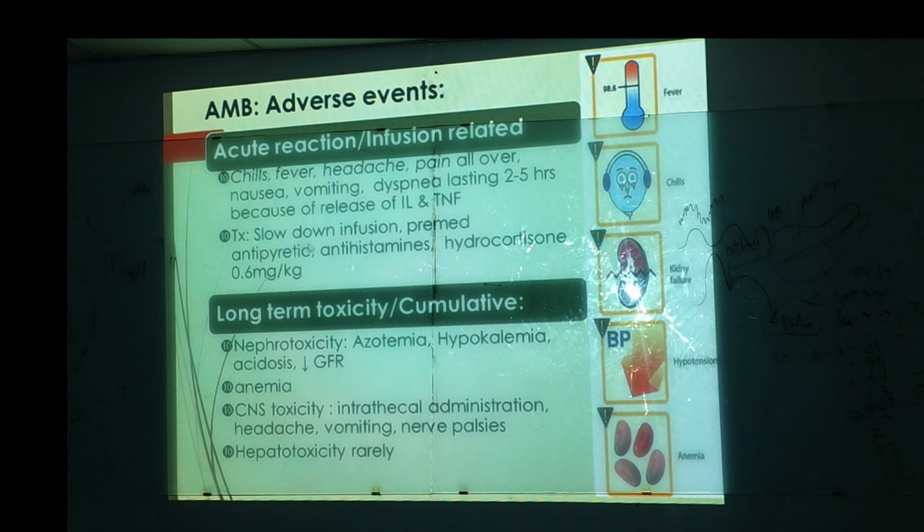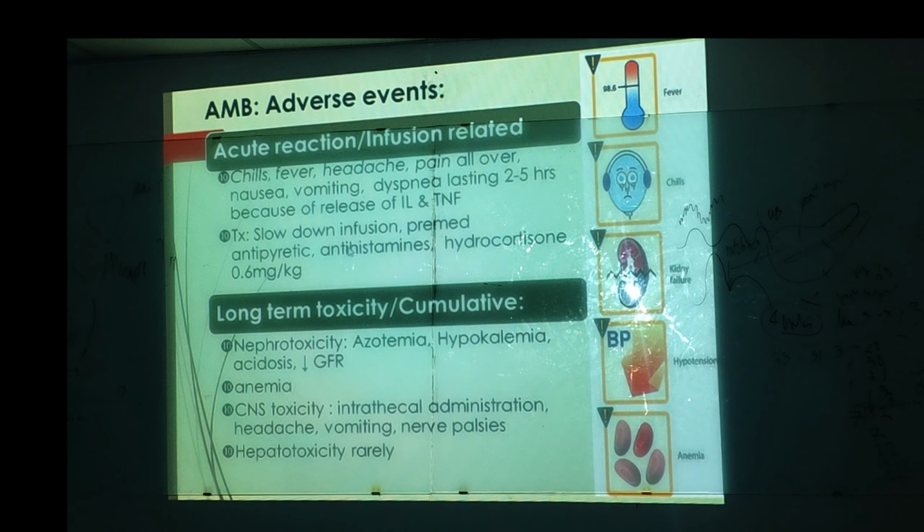Treatment: slow down the infusion and give premedications like antipyretics, antihistamines, and hydrocortisone at a dose of 0.6 milligram per kilogram.